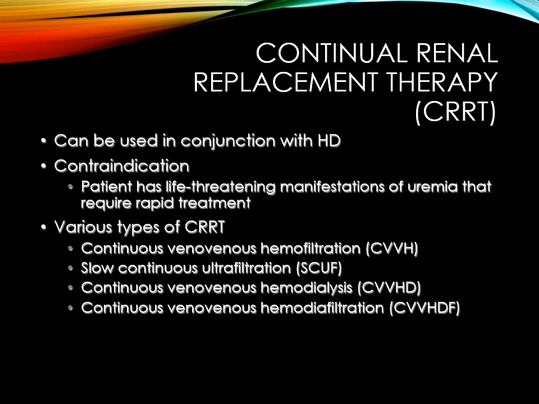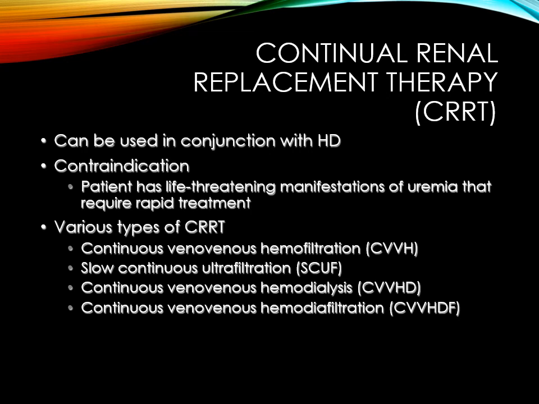Various types of CRRT are available. There's a table in your book, 46-14, that summarizes this, but the most commonly used are the veno-venous approaches of continuous veno-venous hemofiltration, or CVVH, continuous veno-venous hemodialysis, which is CVVHD, and continuous veno-venous hemodiafiltration, which is CVVHDF.